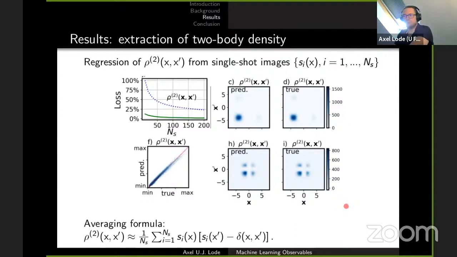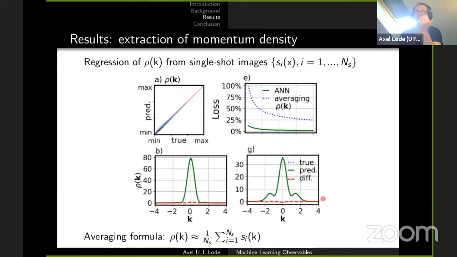What else can we do? We wanted to try something that you cannot do as easily in an experimental setup. So we tried to do a regression of momentum space observables from real space single shot images.